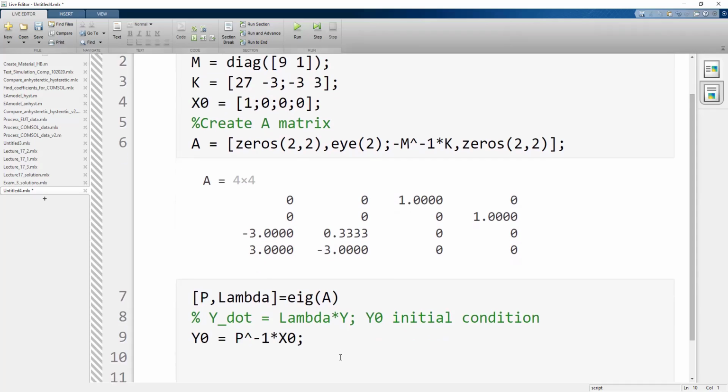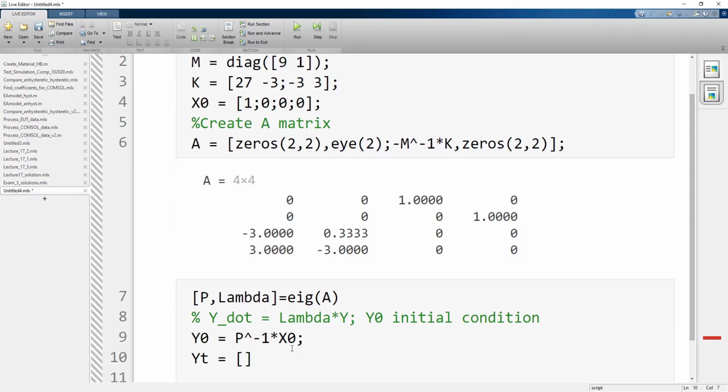So once you have this, you have a bunch of equations, which means Y1 equals lambda 1 Y1 under these initial conditions. So it's just exponential decaying. If you remember your math 333, that means your time domain solution in Y is just, what's the best way to write it?